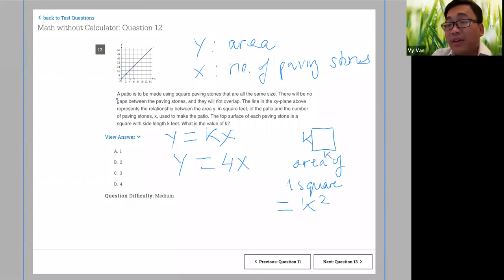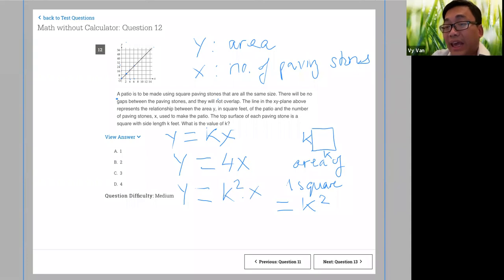So each square is k squared square feet. So if you have x stones, the area of the whole thing will be k squared times x.